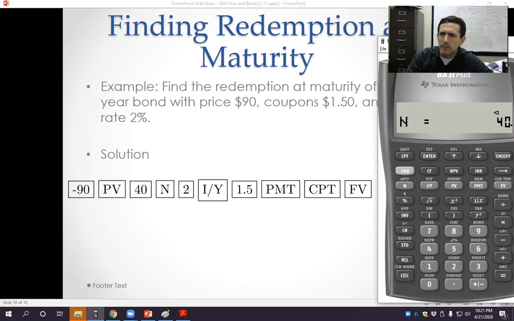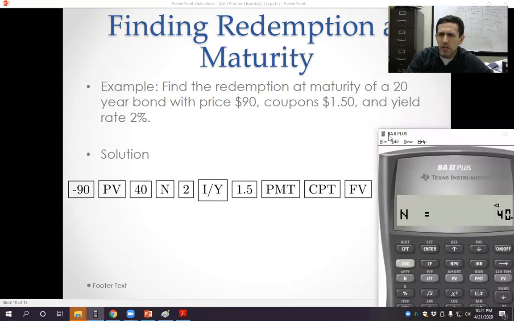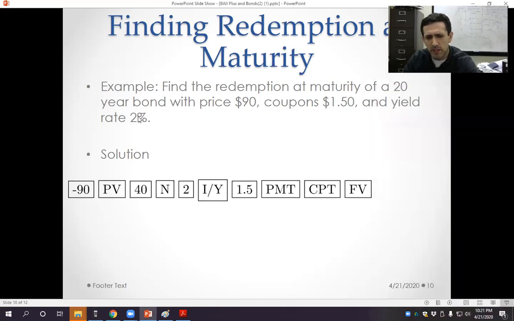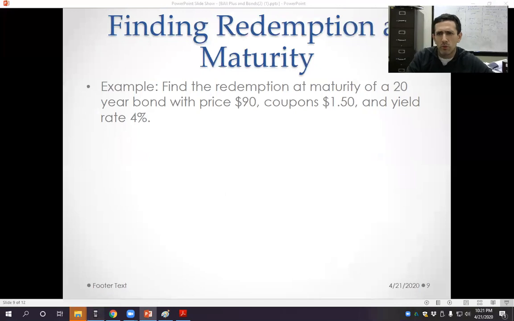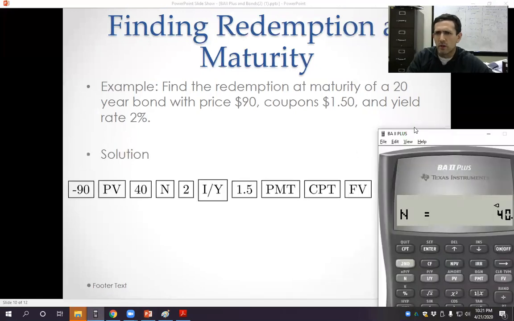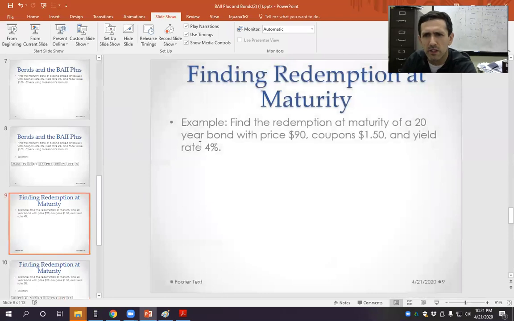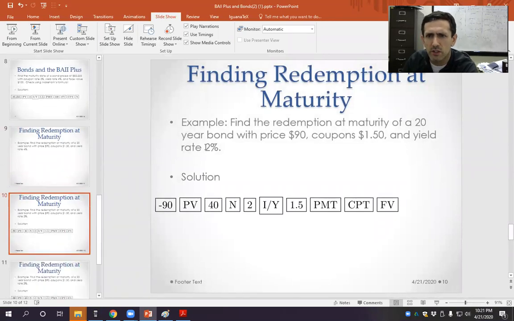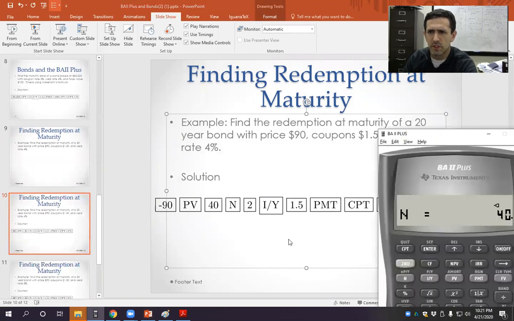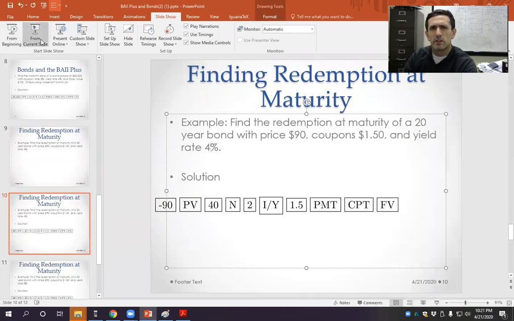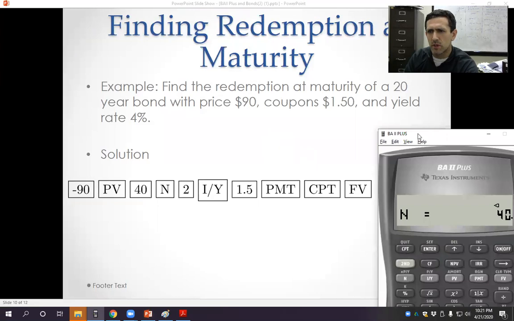The yield rate actually, sorry, let's make it 4%, not 2%. So yield rate is going to be what it was before. Sorry, got to change it there too. All right, sorry about that waste of time there.